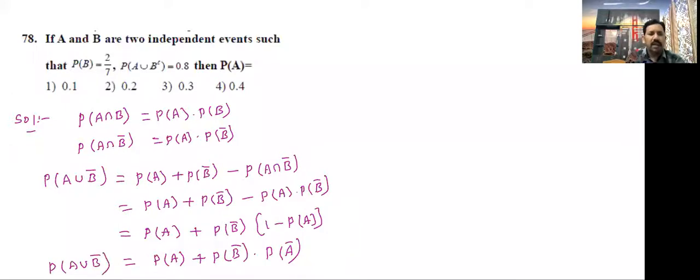Now observe the values, what they have given. P of B given, that is 2 by 7. Then what is P of B complement? 1 minus 2 by 7, that is 5 by 7. Substitute those values in that formula.